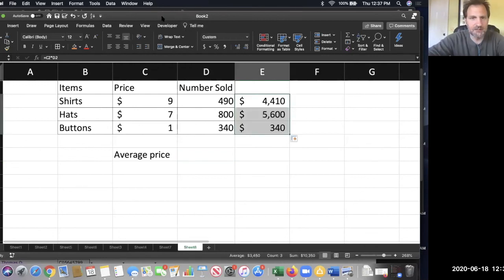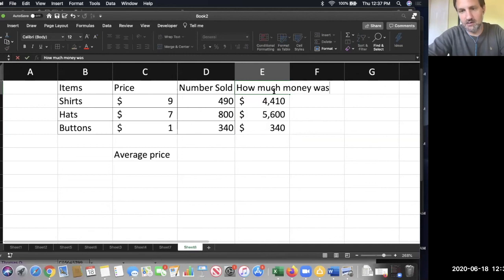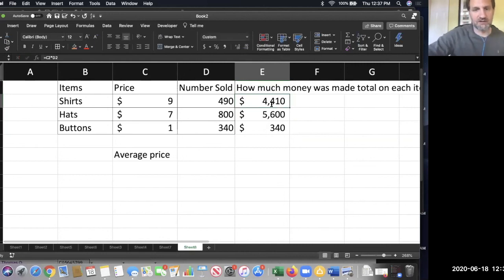The other thing I like about this problem is that it kind of makes more sense in terms of what the numbers represent as you go through. So this number here is how much money was made total on each item. So you made $4,400 on shirts and $5,600 on hats and $340 on buttons.